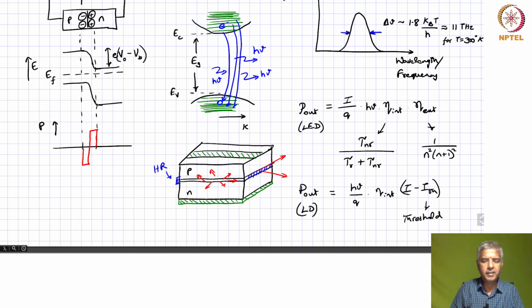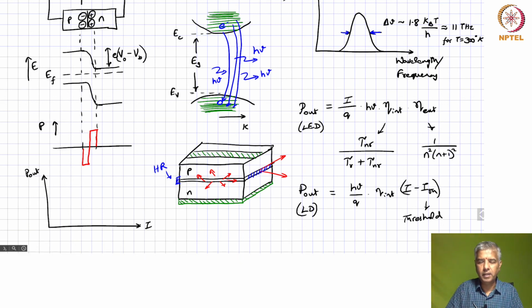So if you are looking at the output power, P out as a function of current, then at lower current levels, all you have is spontaneous emission. You don't have enough photons to stimulate this recombination process, but with the help of the mirror, it's building up more and more photons.